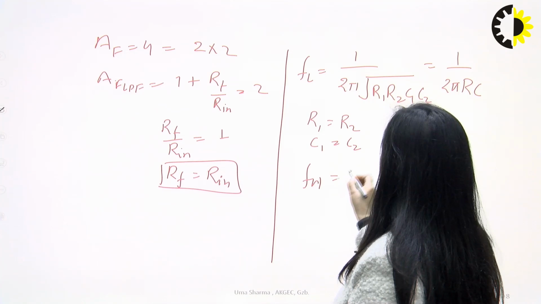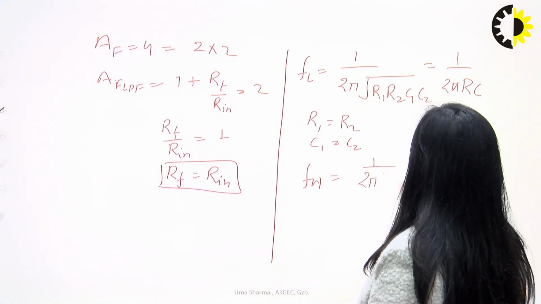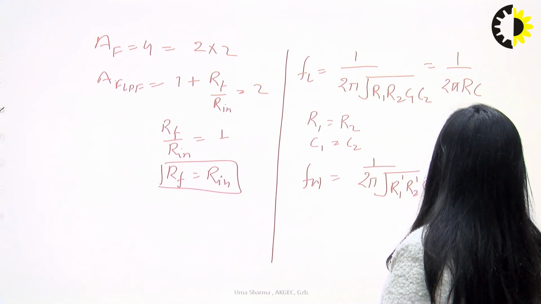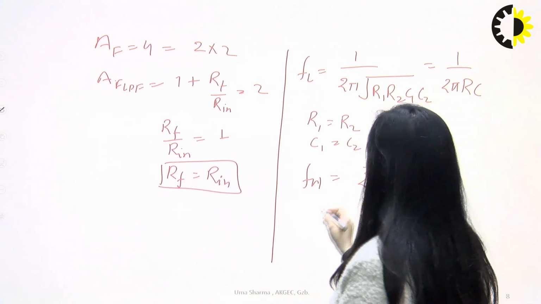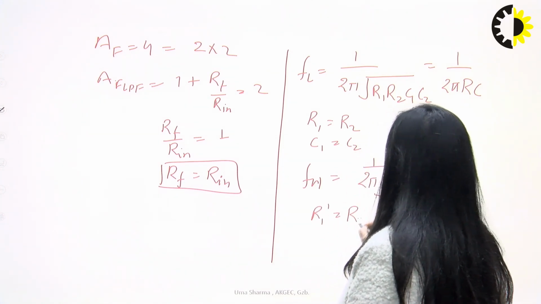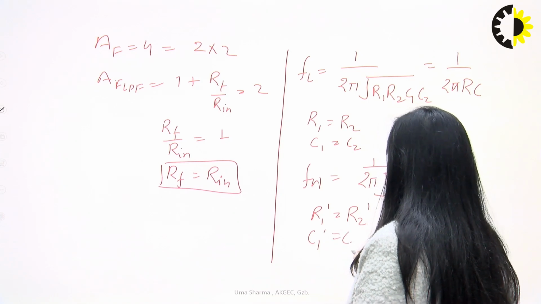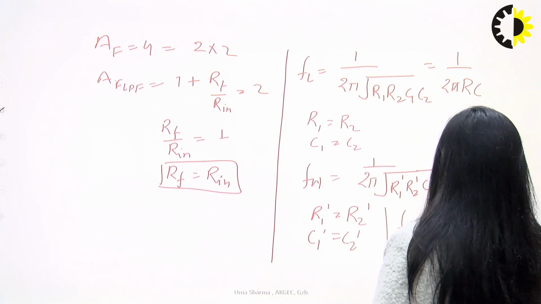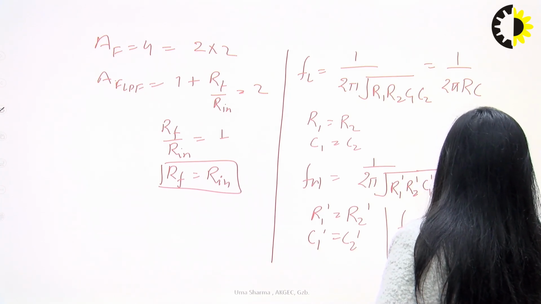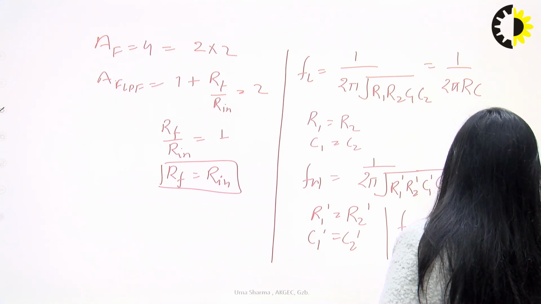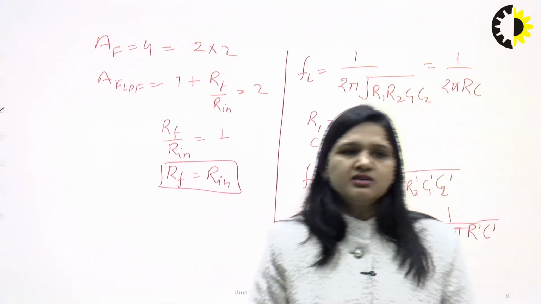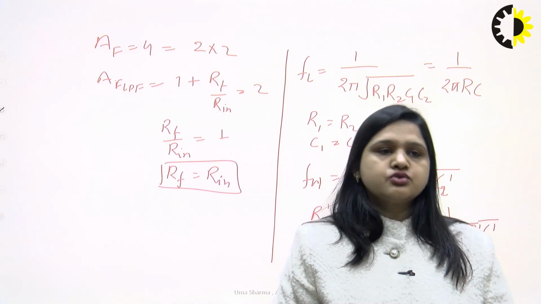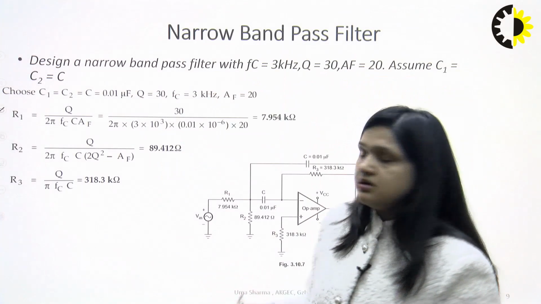Similarly FH equals 1 upon 2 pi under root R1 dash, R2 dash, C1 dash, C2 dash, and if R1 dash equals R2 dash and C1 dash equals C2 dash, in that case FH becomes 1 upon 2 pi R dash C dash. So it is similar to the first order. The only difference is in the circuit design; the procedure is the same and the values will also be the same. So this is the wide band pass filter.